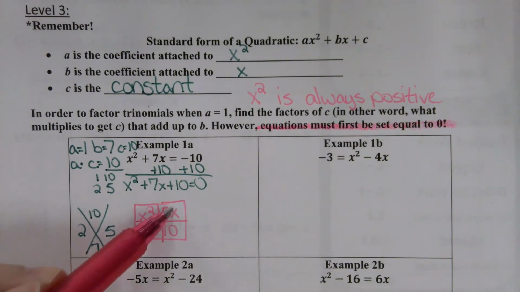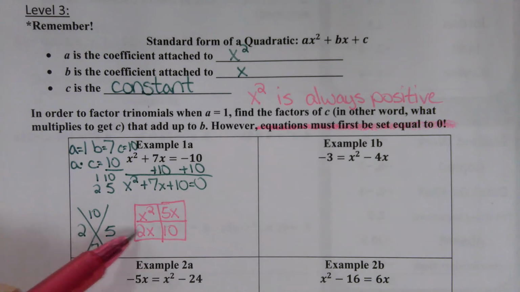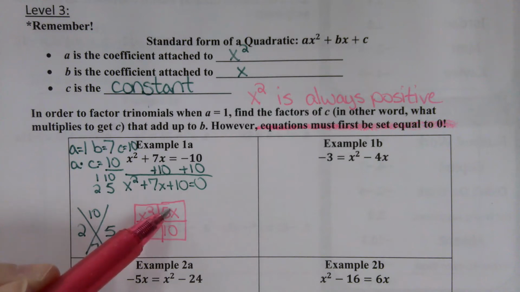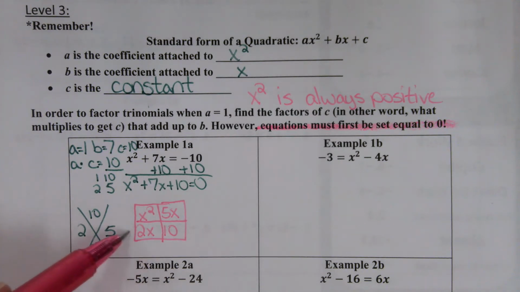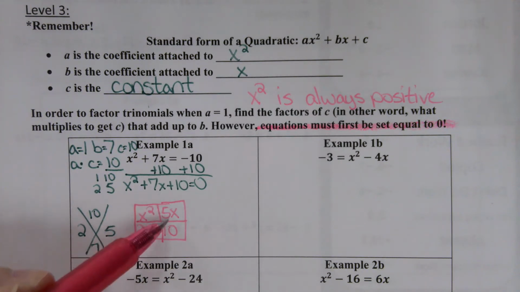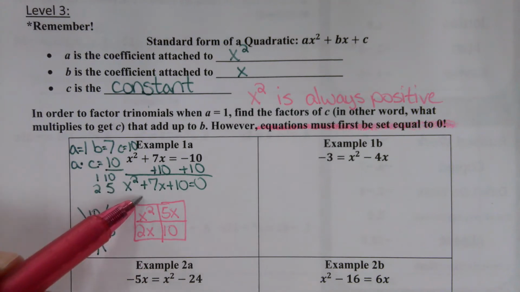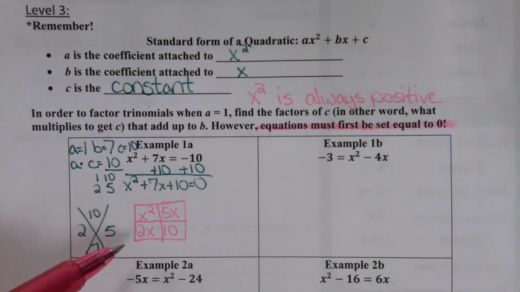Now remember that these 2 diagonal boxes always indicate whether you'll take out a positive or a negative for your term. If these are positive, you'll always take a positive number out. If they are negative, you'll have to take a negative number out.